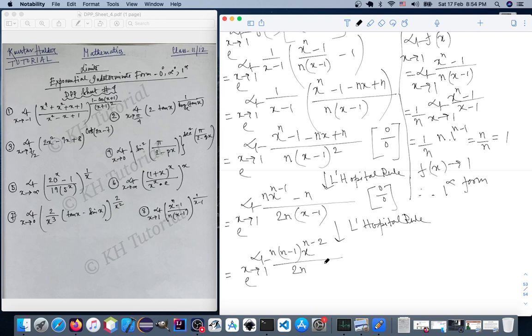Now we can substitute the value of x as 1 and we get e to the power n minus 1 by 2n, which is e to the power n minus 1 by 2 is the answer.